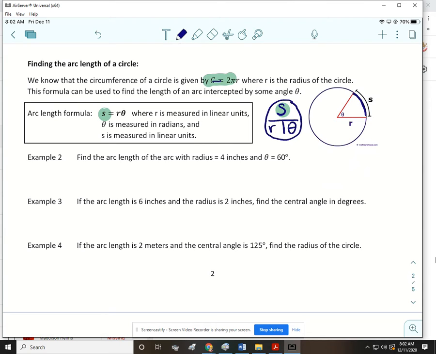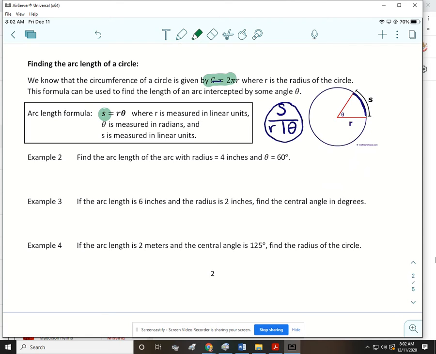But if you want to find something else, you divide. You just cover up what you're looking for. Like if you were looking for theta, you would cover up theta, and that would mean you would divide S by R. I kind of like that. If you want to use it, you can. Otherwise, you can just use the formula from the box.